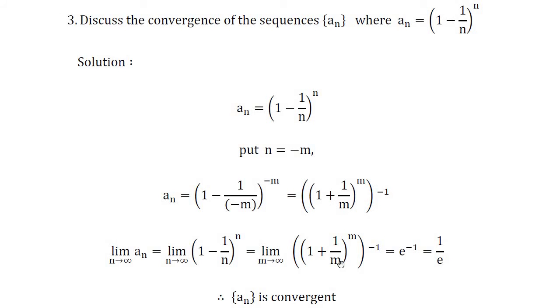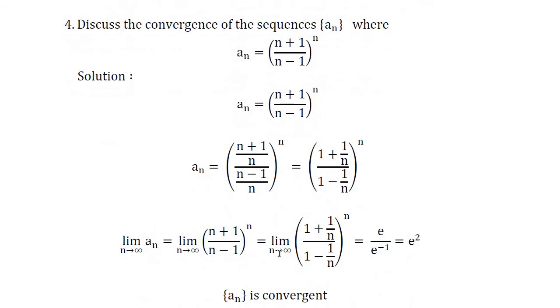Now apply limits to this one. Limit of an as n tends to infinity is equal to limit of ((1 plus 1 by m) whole power m) to the power of minus 1. As n tends to infinity means correspondingly m tends to infinity, means (1 plus 1 by m) whole power m becomes e, so we get e to the power of minus 1, that is equal to 1 by e. Hence the sequence an is convergent.